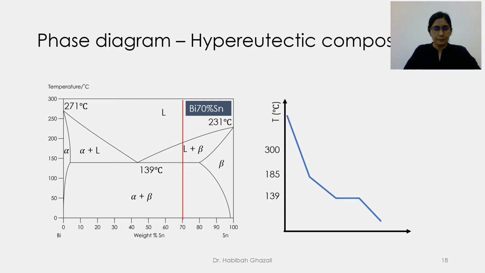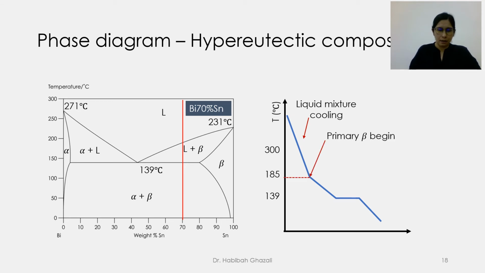So here, above the liquidus line, everything will still be in a liquid form. So this alloy will be in a liquid form. As soon as it touches the liquidus line, which is at this point here, at 187 degrees Celsius, primary beta will start to form.